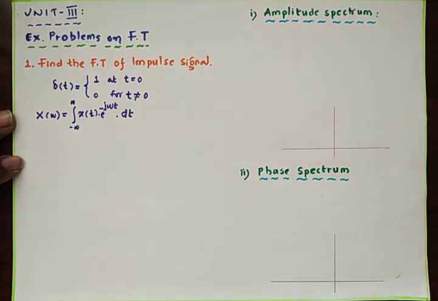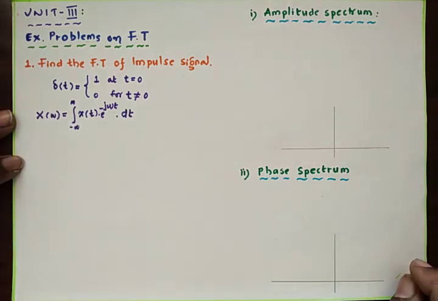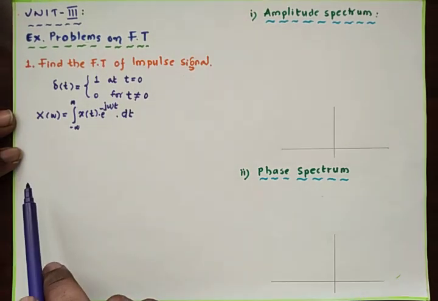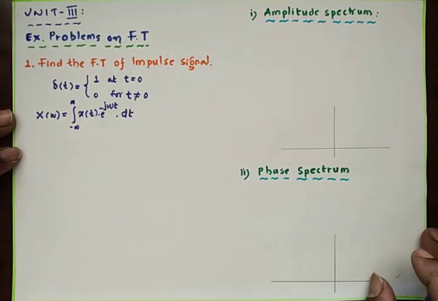Here the given signal we can assume is x of t. Now in place of x of t, what do we have? We have del of t, that is nothing but the impulse signal, whose amplitude is 1 at t equals 0, and whose amplitude is 0 for all the remaining values of t.